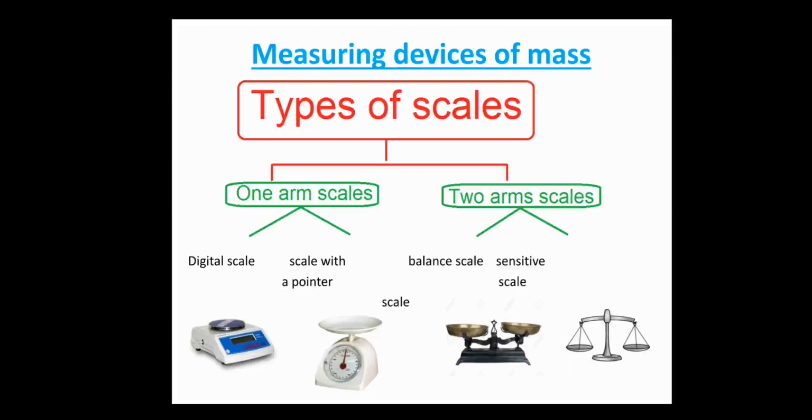Now we are talking about the measuring devices of masses. How can I measure the mass? By devices or by scales. There are two types of scales that measure the mass: one-arm scales and two-arm scales.